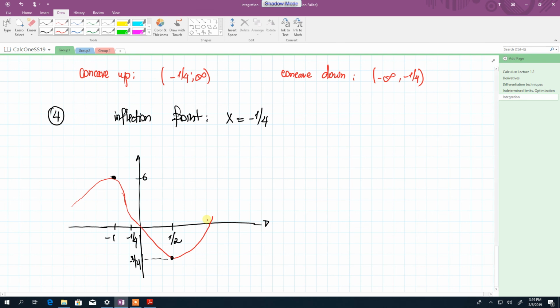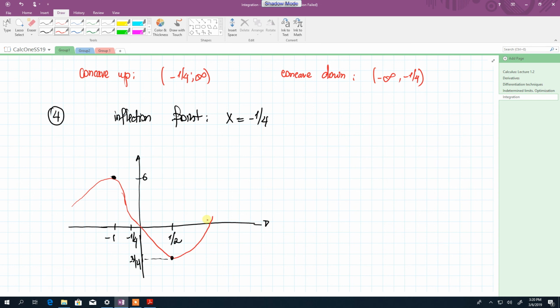Until minus 1, the function is increasing, right? From minus 1 until 1 over 2, the function is decreasing. Do you see that it's always decreasing until 1 over 2? And after 1 over 2, the function is increasing again, right? So from the analysis, from minus infinity until minus 1 over 4, the function is concave down, right? It's always concave down, so if you take any tangent line, it will always be above.